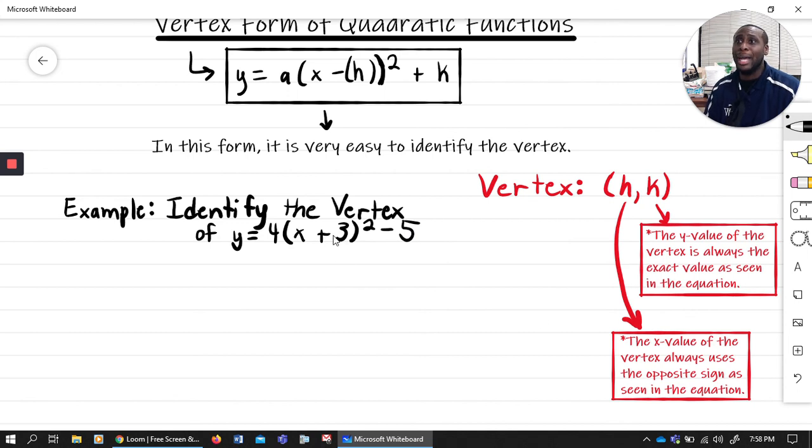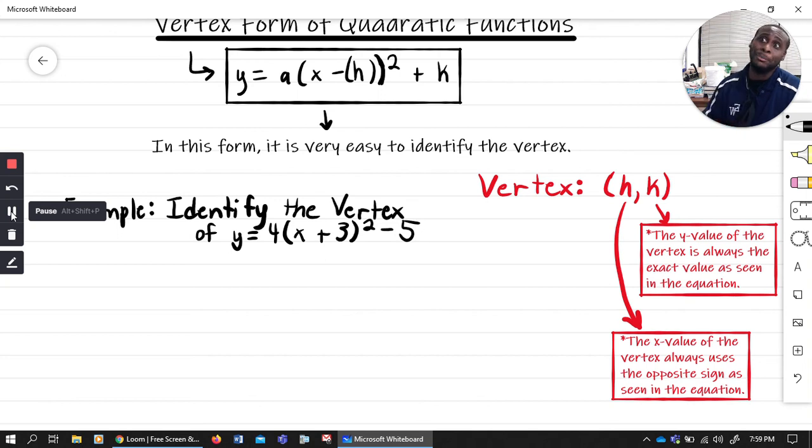And I've told you that the x value of the vertex is going to come from the h part of the equation, and you're going to have to use the opposite sign of that. So some of you might be able to tell me exactly what it is right now, but again, we're going to look at exactly how to do this, or we're going to look at the way that I want you to show me how to do this.